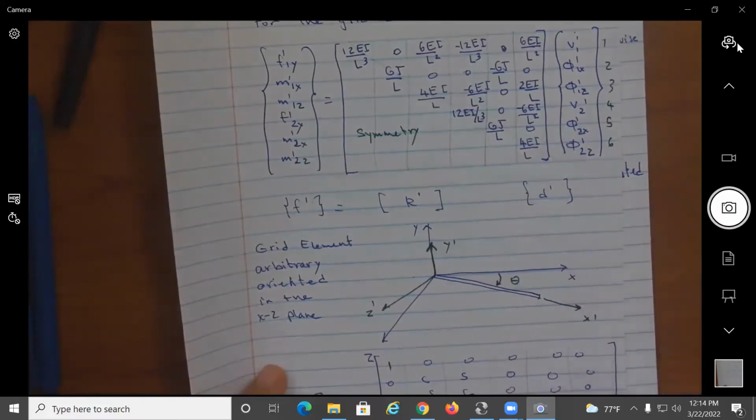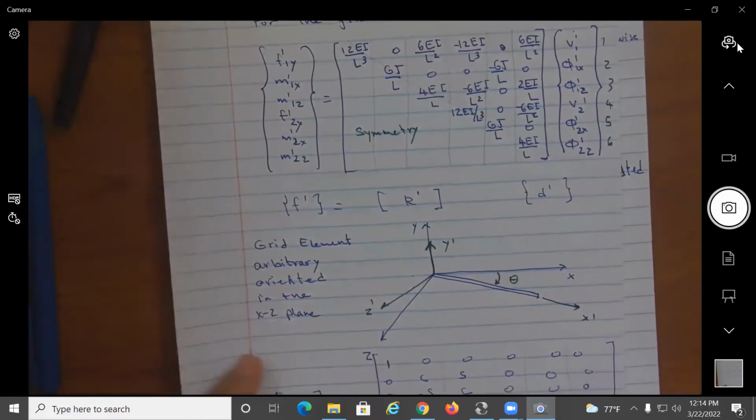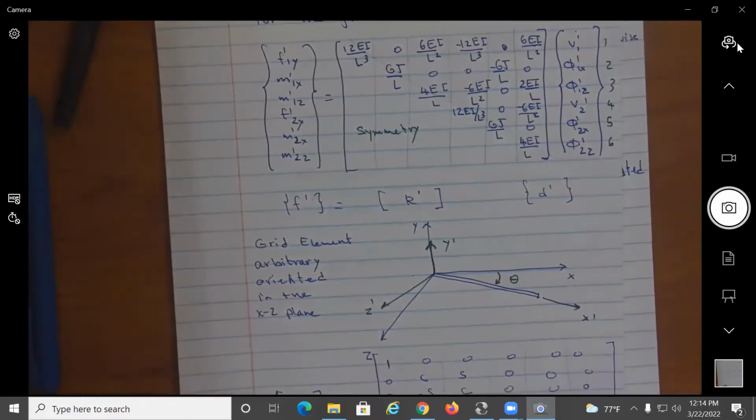But what you're saying here would be interesting if we do it for a frame element in space. We did it for a frame element in plane, but once you start going in space, you're going to have three different angles.